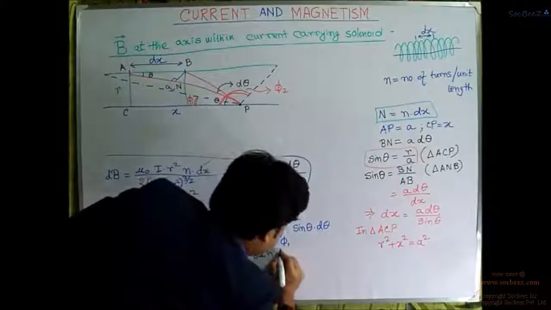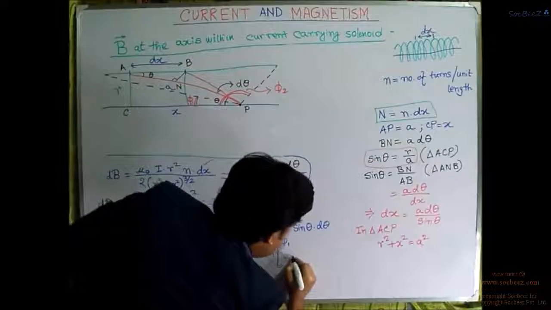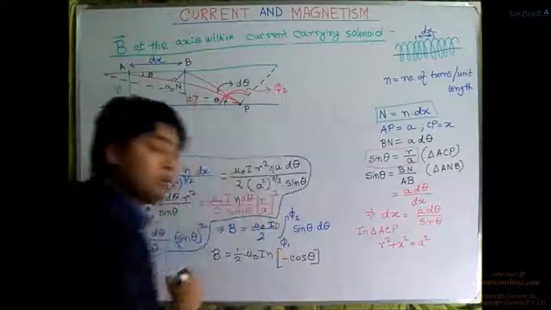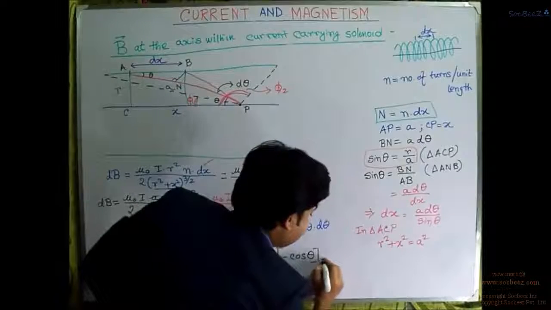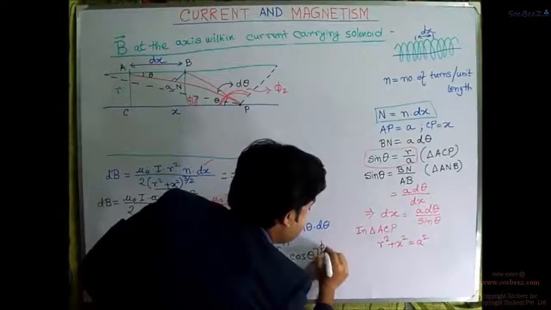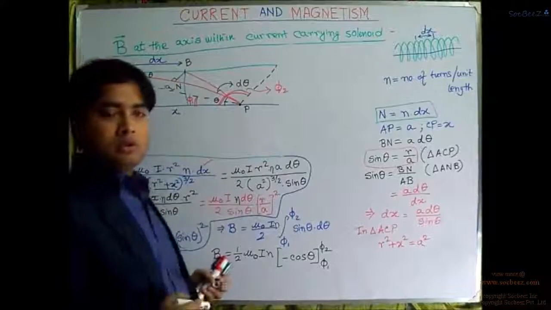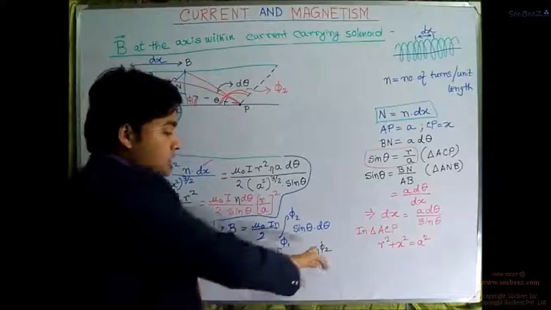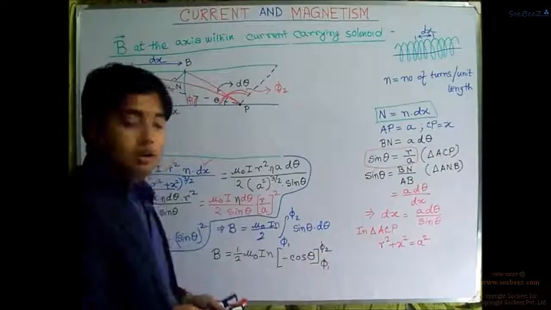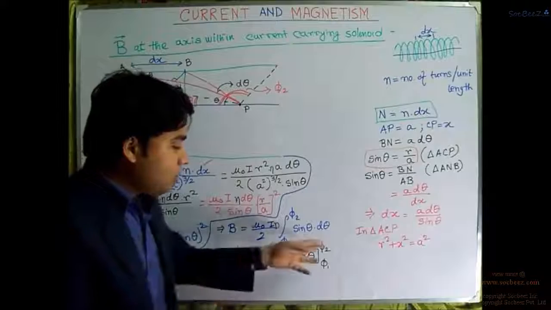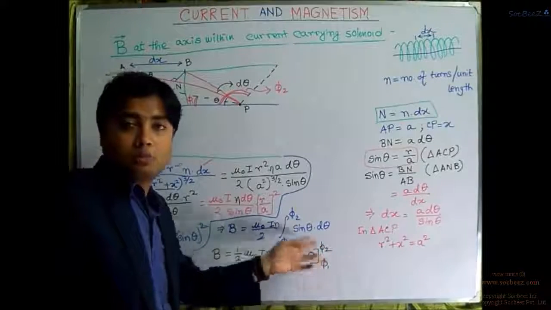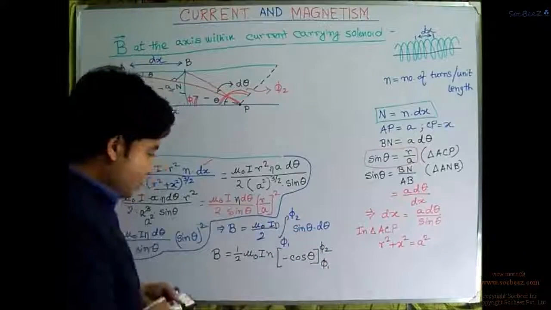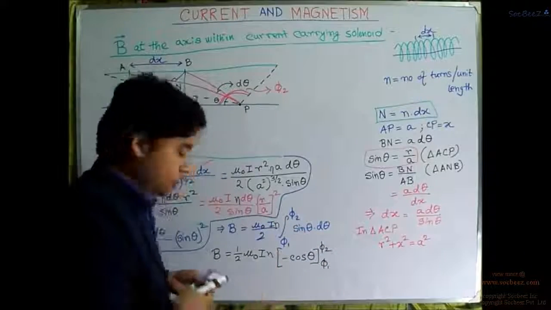Now this will be minus of cos theta from phi 1 to phi 2. Since this is negative, we could make it positive just by altering the boundary adjustment. The lower boundary will now be phi 2 and the upper boundary limit will be phi 1. Then only this could be made positive.